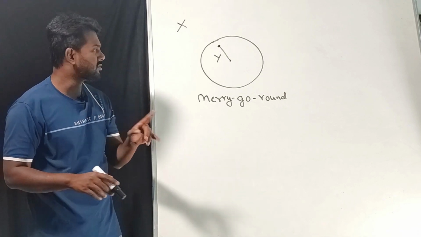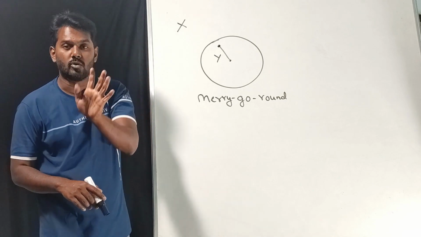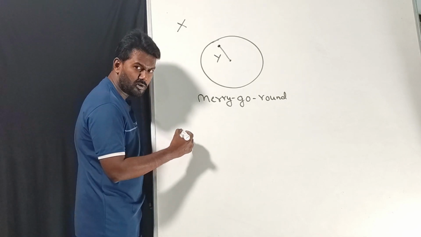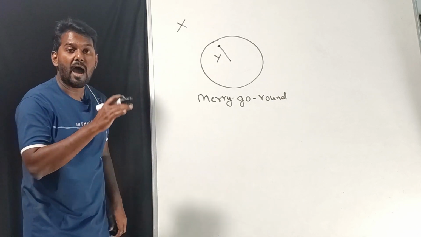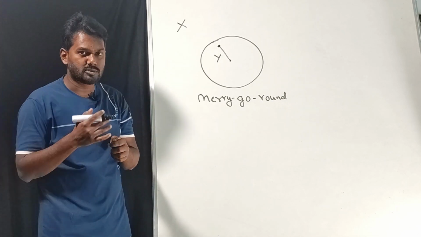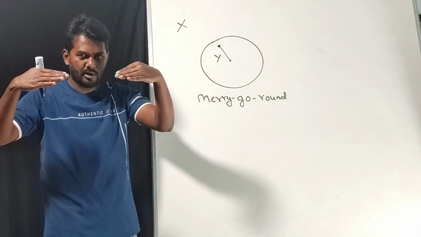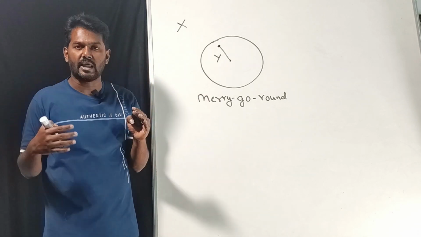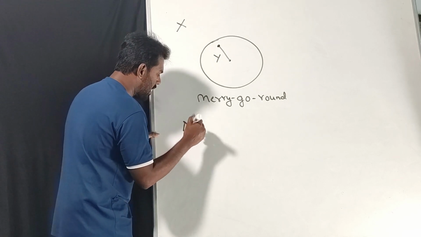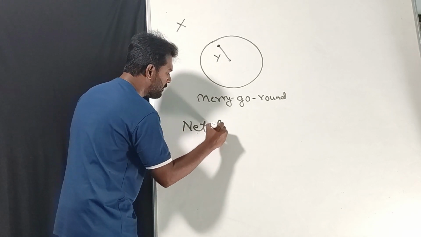Which is the real force? Centripetal force. But centripetal force and centrifugal force have the same magnitude, and the direction is opposite. If the forces are equal and opposite in direction, what will be the net force?